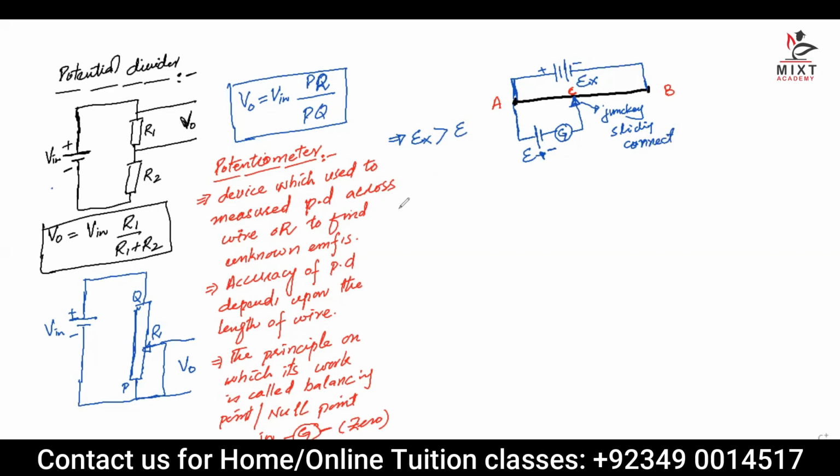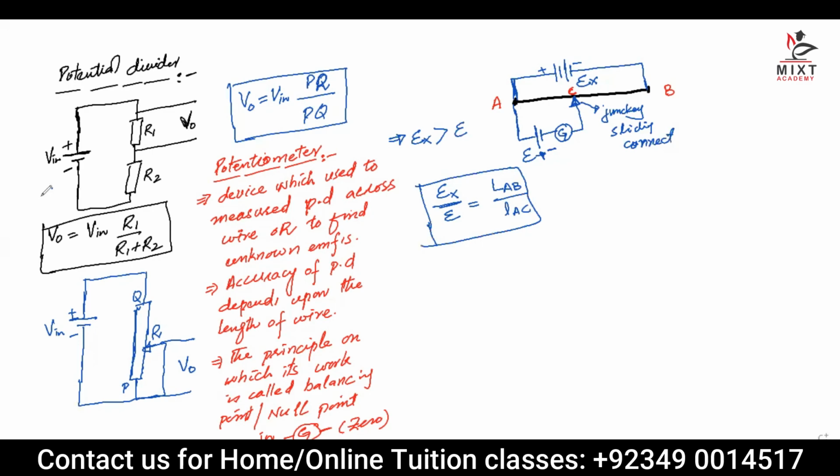The source EMF is for the whole length, from A to B, and the next EMF is only for the length between A and C. This is the one formula you will use in the potentiometer question.